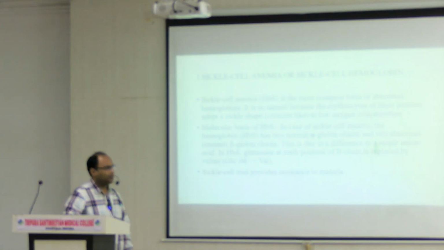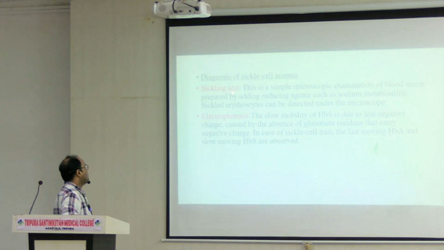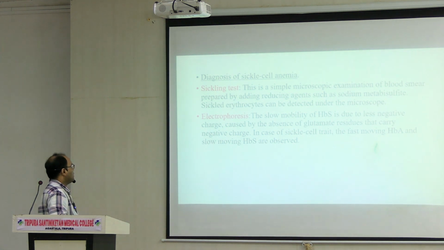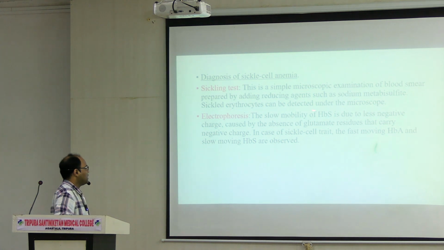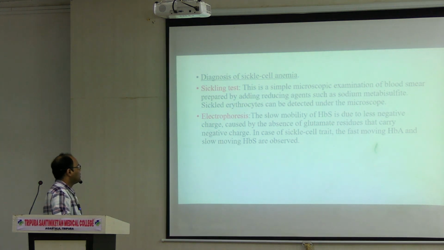Okay. Next, how can we diagnose sickle cell anemia? This is the sickling test. This is a simple microscopic examination of a blood smear prepared by adding reducing agents like sodium metabisulfite. Sickled erythrocytes can be detected under the microscope. Apart from this, we can go for electrophoresis.